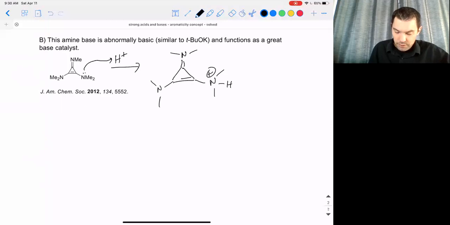And so that looks all right, except that one doesn't really get us anywhere for pulling electrons out.